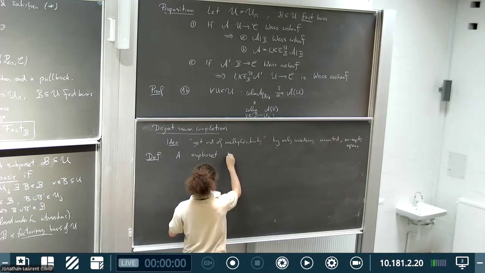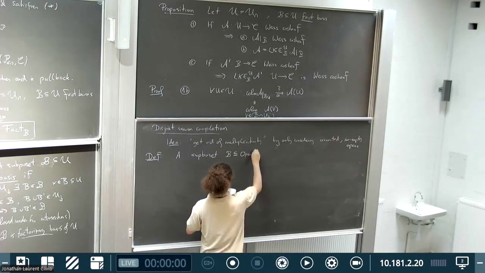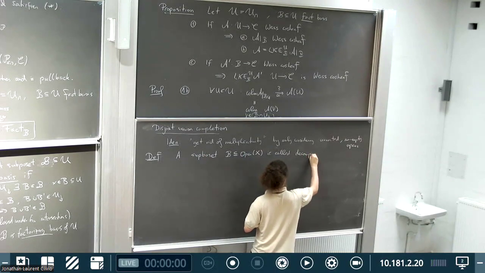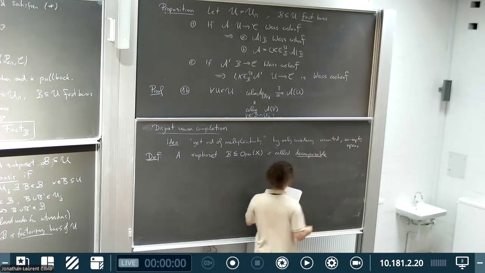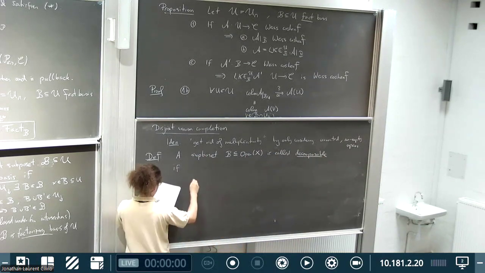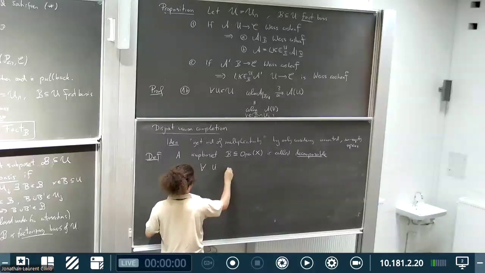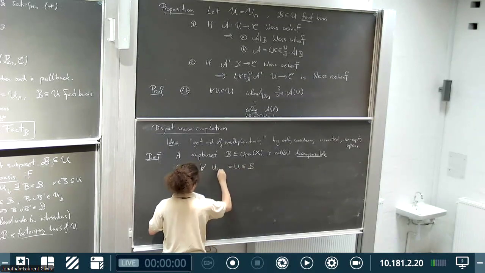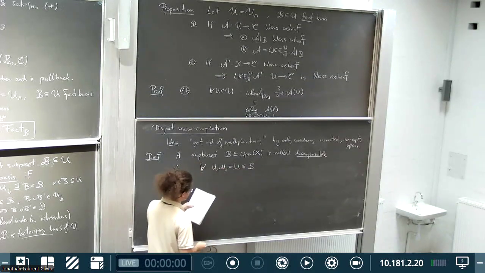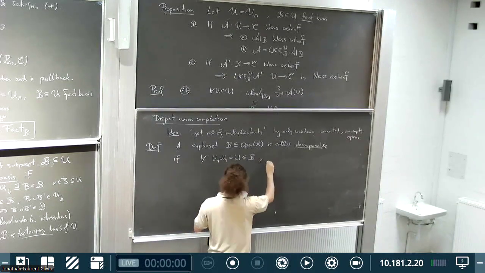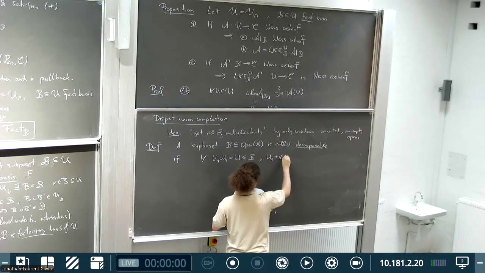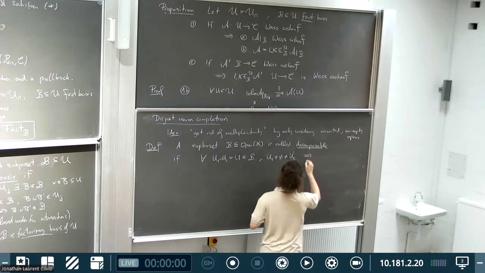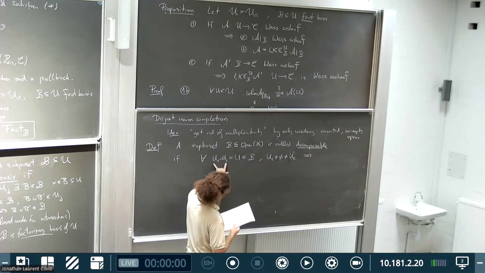So a subposet D is called decomposable if, whenever you have something in B that decomposes as a disjoint union of two smaller things, such that this decomposition is non-trivial, so both of these pieces are non-empty, then decomposable means that you can do this decomposition within D already.